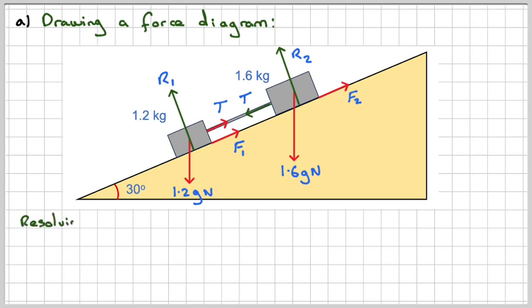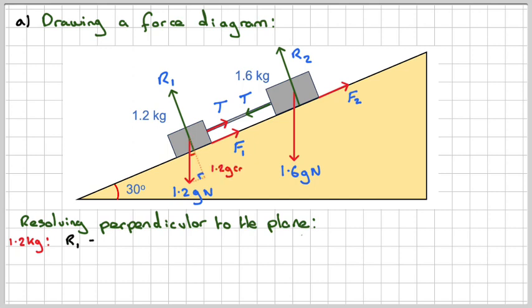Okay, so if we now resolve perpendicular to the plane, we have, for this block, R1. If we draw in the components here, we have this little triangle. This angle here will be the same as this one, 30 degrees, and therefore this length here will be 1.2 g cos 30.